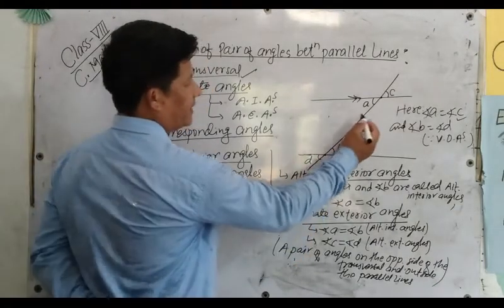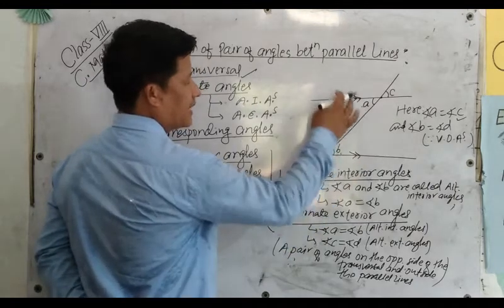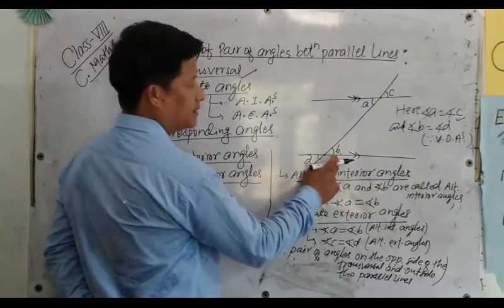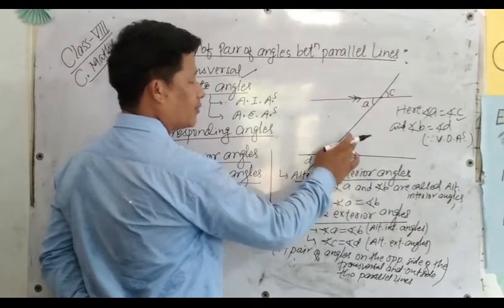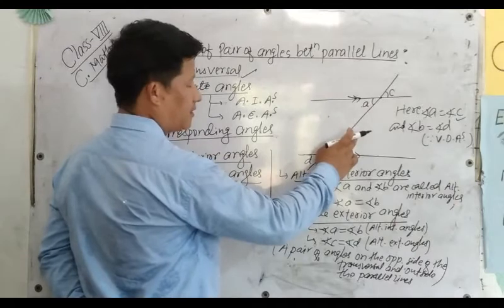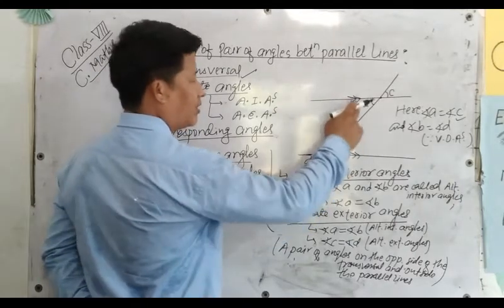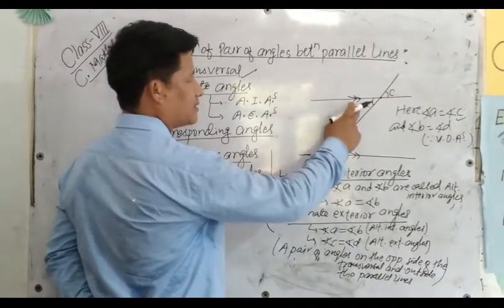Again I am going to repeat: angle A and angle B are inside the parallel lines, and they are on opposite sides of the transversal, so they are called alternate interior angles.